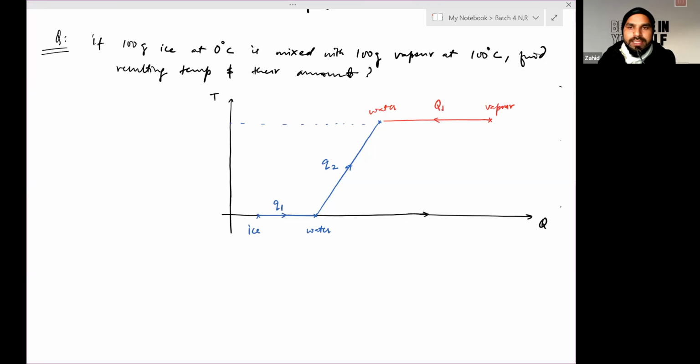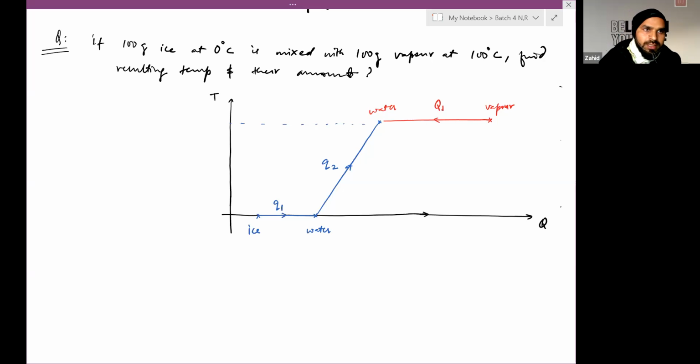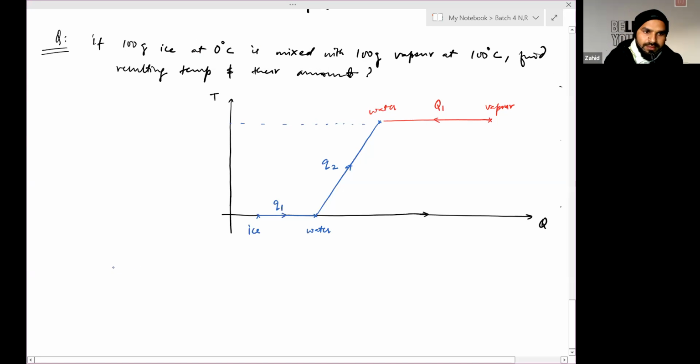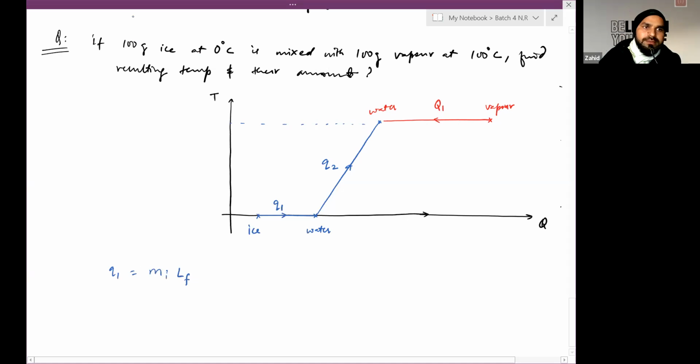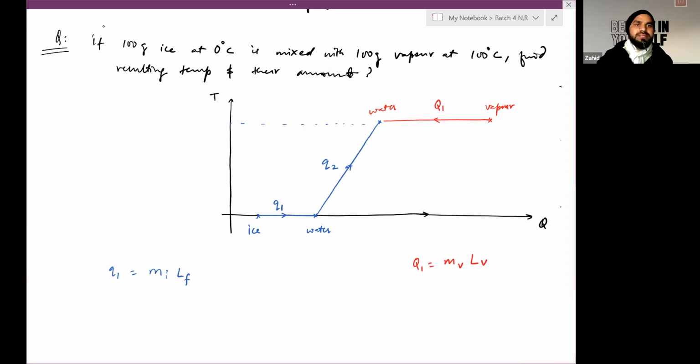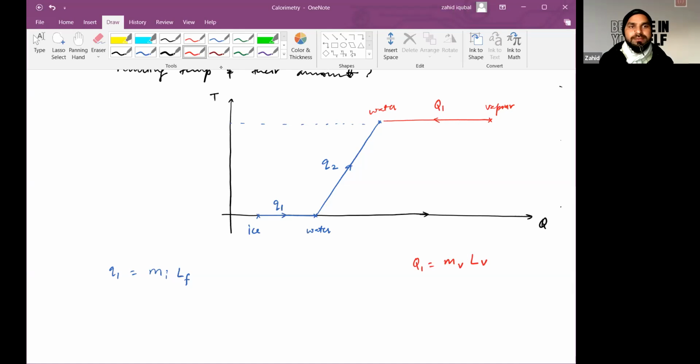Capital Q1 is the latent heat of vaporization to convert vapor into water. So according to this, we can write small q1 equals mass of ice times latent heat of fusion. Just calculate this. Similarly, capital Q1 is mass of vapor times latent heat of vaporization. First, write it down and try to solve these two parts as an initial reference or initial guess.